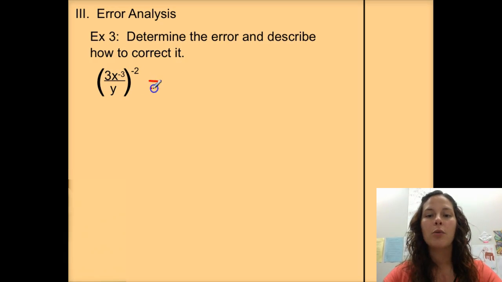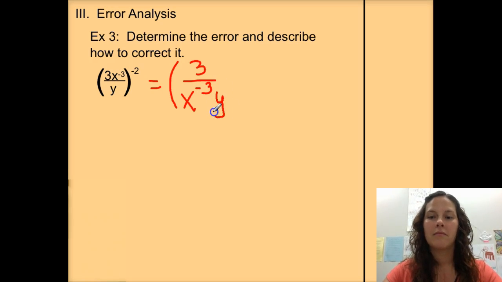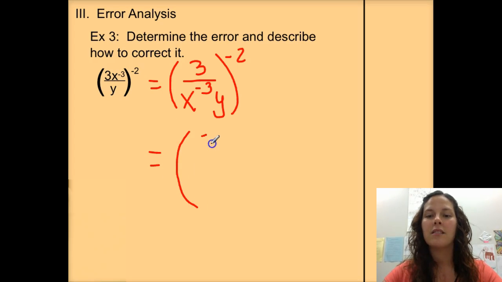So the first thing I'm going to do on this one is flip that x to the denominator because it has a negative exponent. Next, I am going to distribute that -2 to everything inside the parentheses.